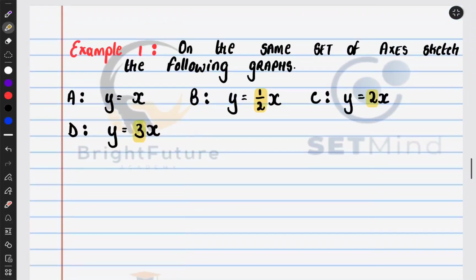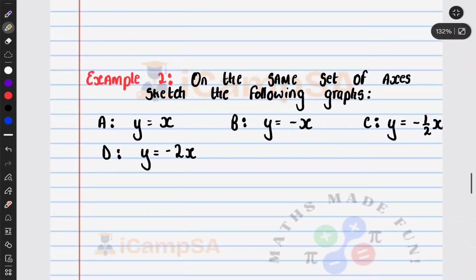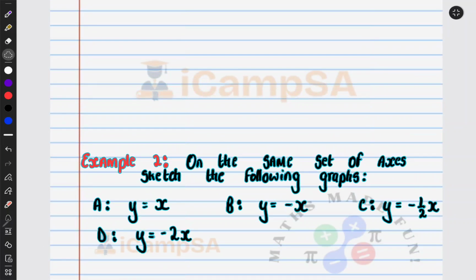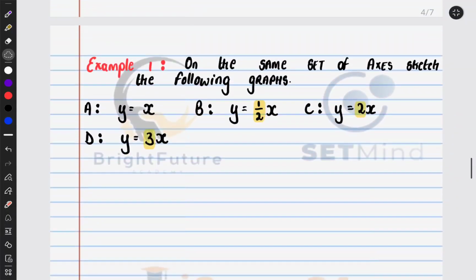But let's quickly sketch these graphs on the same set of axes, so that we can show what we've been talking about. I think I'm going to need a little bit more space. Let me move this a little bit down. Okay, we'll deal with that when we get there.